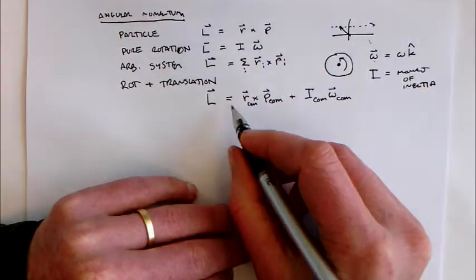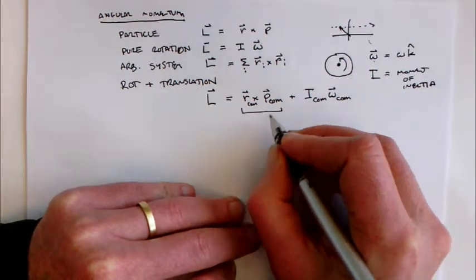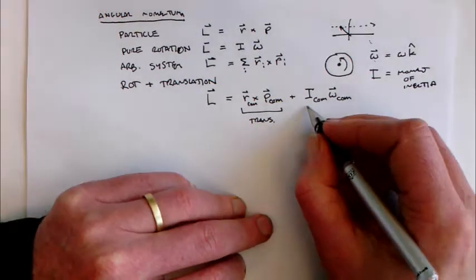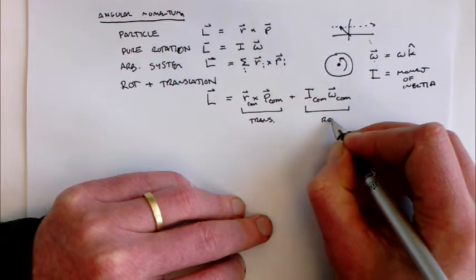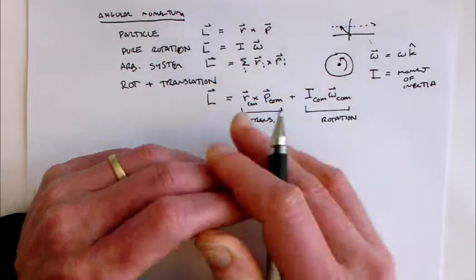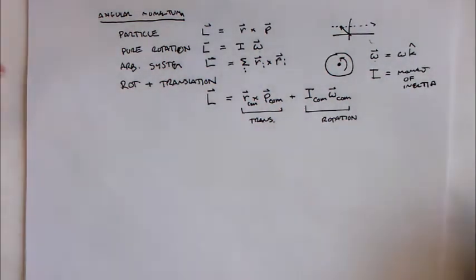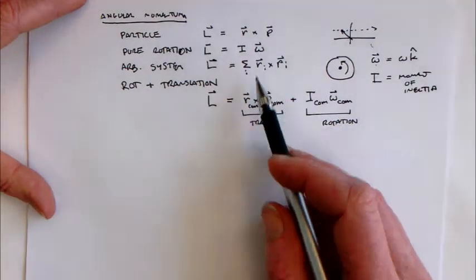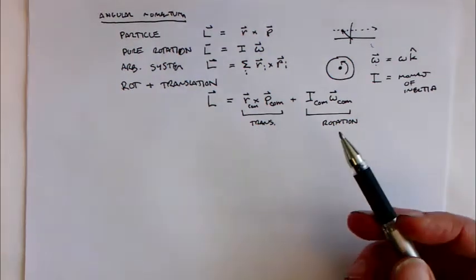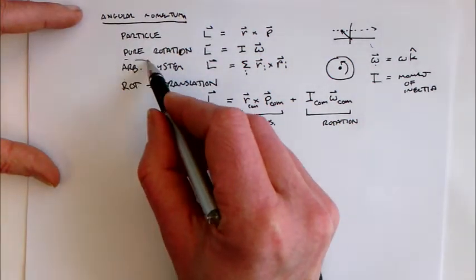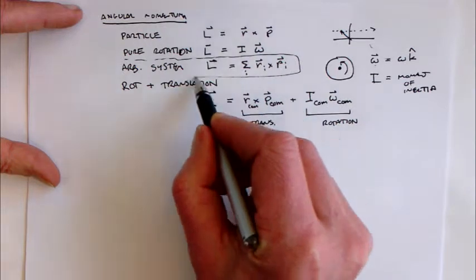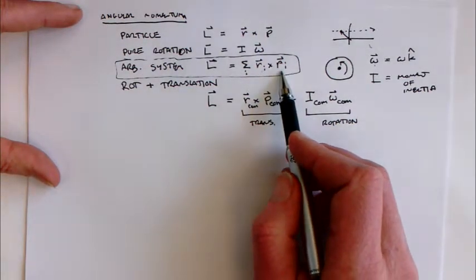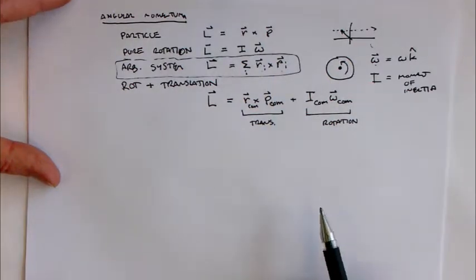So you break angular momentum down into a translational component, which corresponds to a particle abstraction, and a rotational component that expands that particle abstraction into a rigid body that's not just translating, but also rotating. There are a number of different expressions here, but they all come from this core idea that for an arbitrary system, you can write the angular momentum by thinking about each particle in the system and asking what the momentum of each particle is.